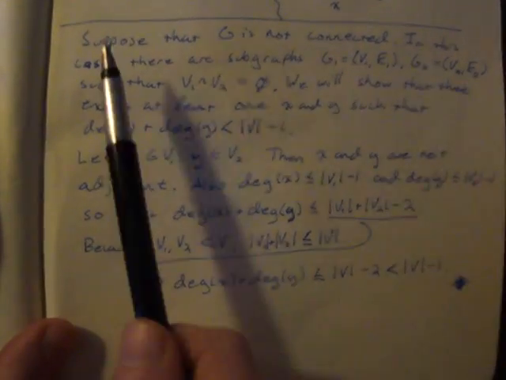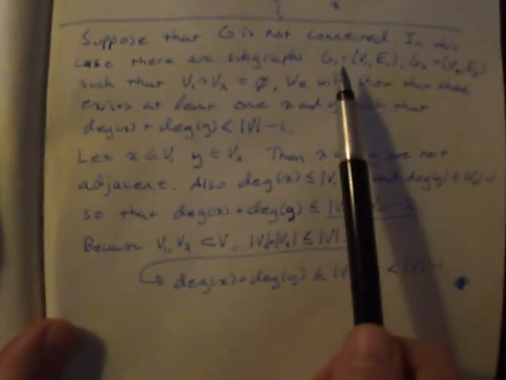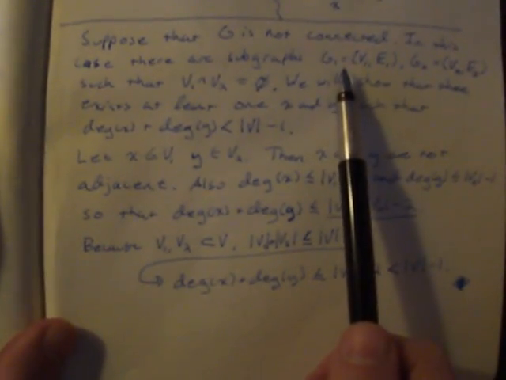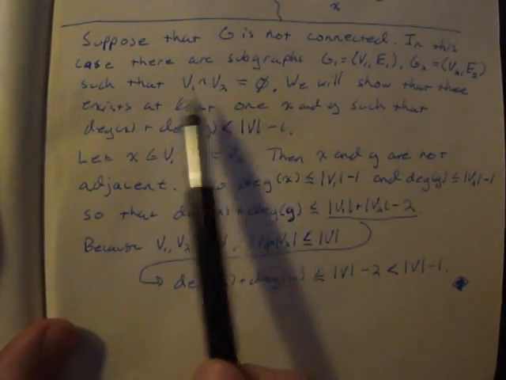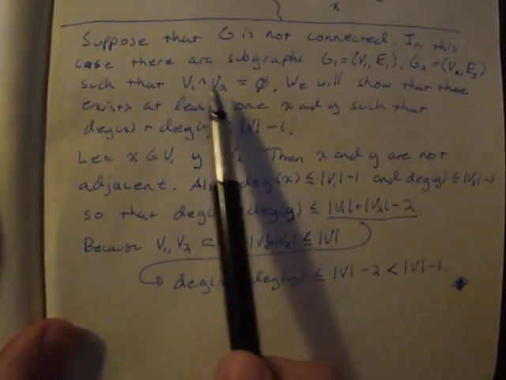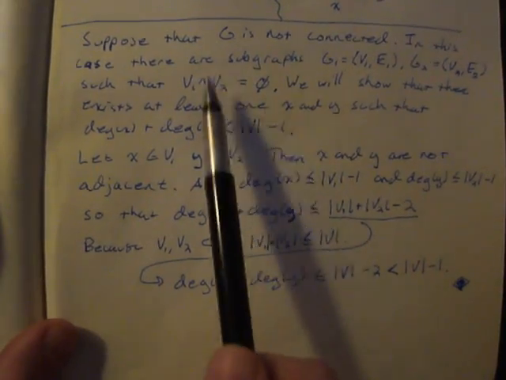So suppose G isn't connected. In this case, there are subgraphs G1, with vertex set V1 and edge set E1, and G2 with V2 and E2, such that the vertex sets do not intersect at all. That is, their intersection is the empty set, so they don't have any vertices in common.